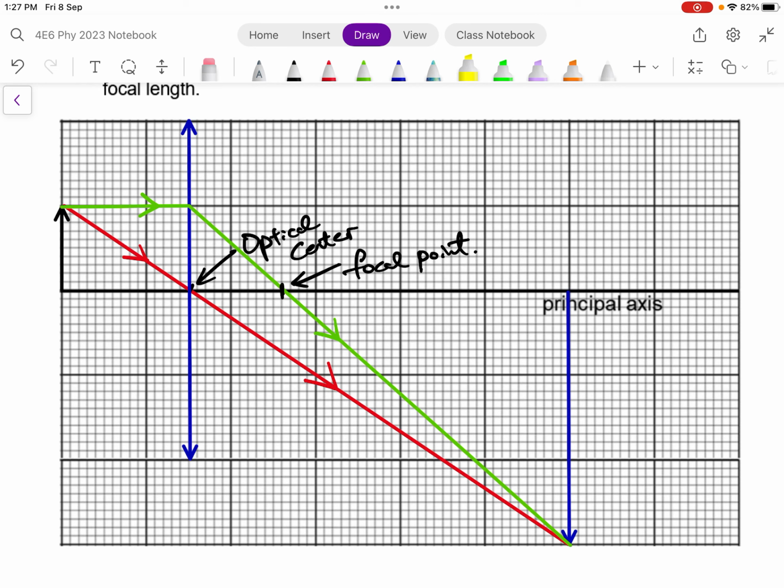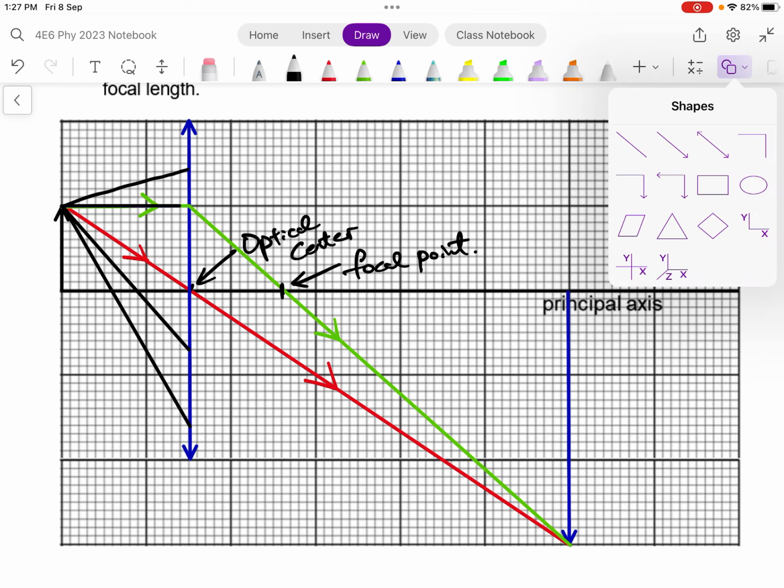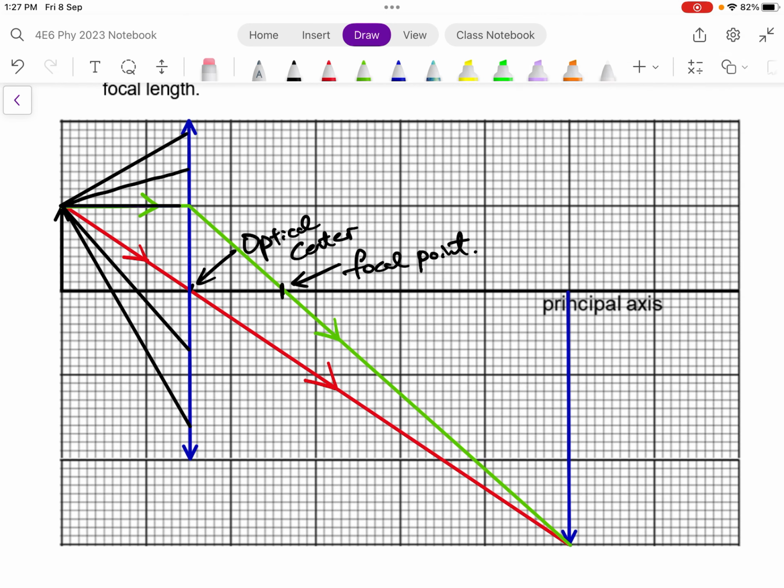No, right? The object actually will emit all sorts of light in all directions, like what you have learned in your lower secondary. It will keep emitting light in all directions, just like what an illuminated object does.